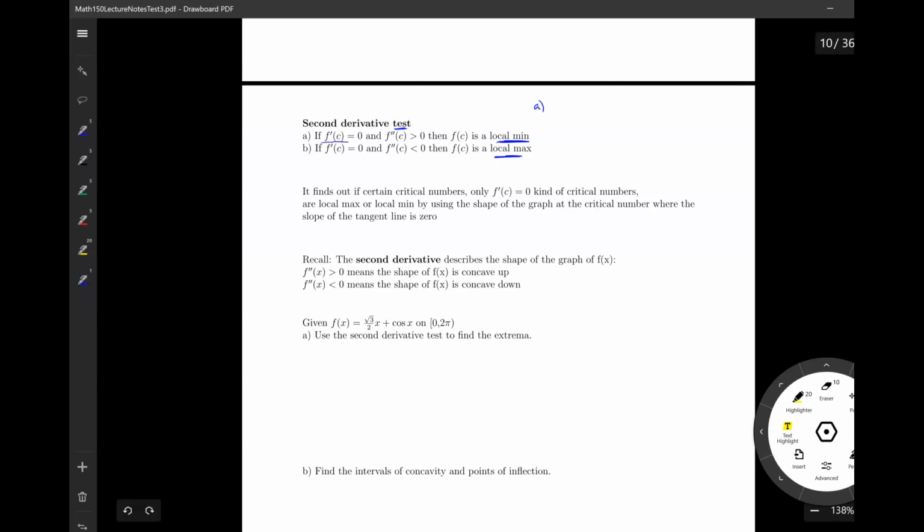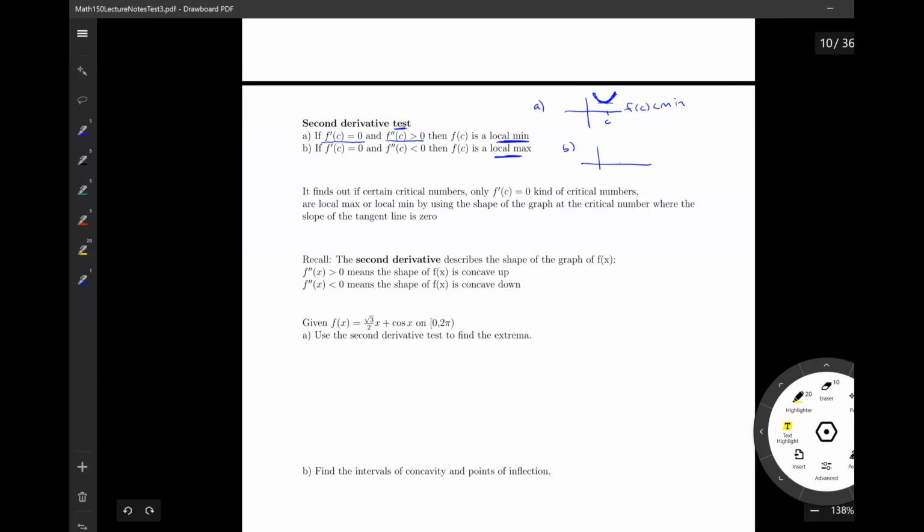Part A is saying if you have this kind of a critical number, meaning if I have this point C, that the slope of the tangent line is 0. And this is saying that at that point C, it's cupped up. So if I know the slope of the tangent line is 0 and it's cupped up, can you see that f of c must be a local minimum? You can visually see it.